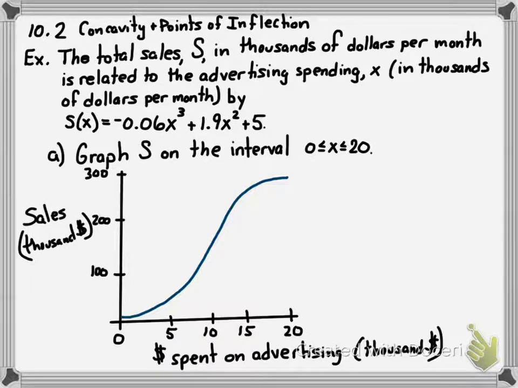Okay. Now, before we continue and look at part 2, some observations that I might make about this particular graph is that the money spent on advertising, we can think of that as our investment.